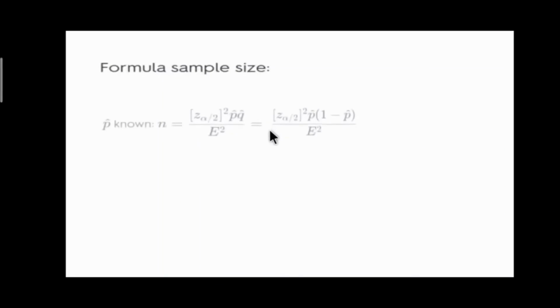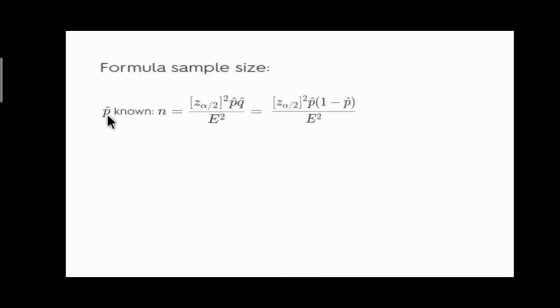Formula for sample size when the sample proportion is known: n is equal to z sub alpha over 2 raised to 2 multiplied by p hat times q hat over the margin of error squared, or equal to z sub alpha over 2 raised to 2 multiplied by p hat times 1 minus p hat all over E squared.